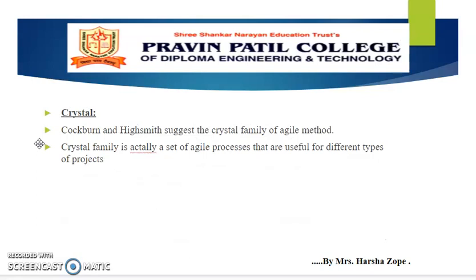Next is the crystal. Cockburn and Highsmith suggest the crystal family of agile methods. The crystal family is actually a set of agile processes that are useful for different types of projects.